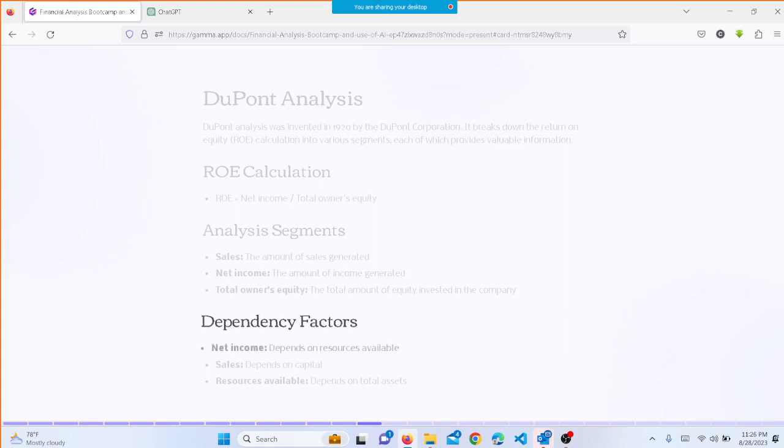So the net income depends on how much resources we have available. Resources depend on the capital that we have invested, and resources also depend on the total assets that we have.